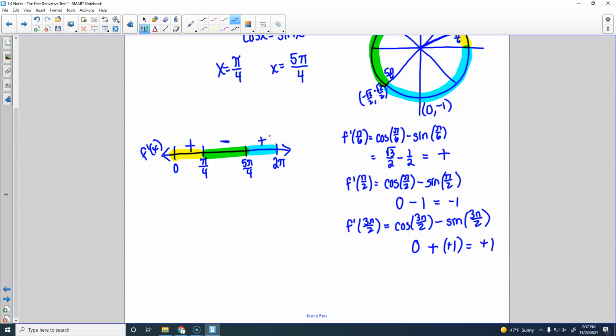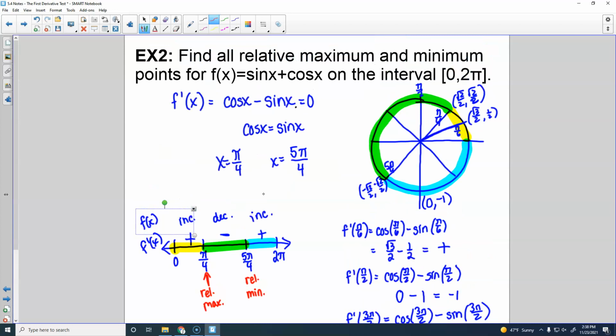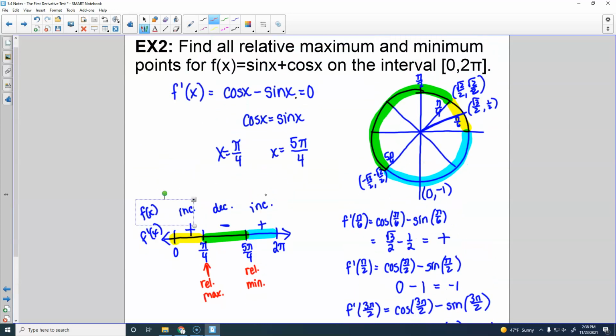Okay. All right. So this tells us that f of x would go from increasing to decreasing to increasing again. So at pi over 4, what do we have? Maximum or minimum? It's a relative maximum, and then a relative minimum here. So let's just say this one also wants y coordinates.